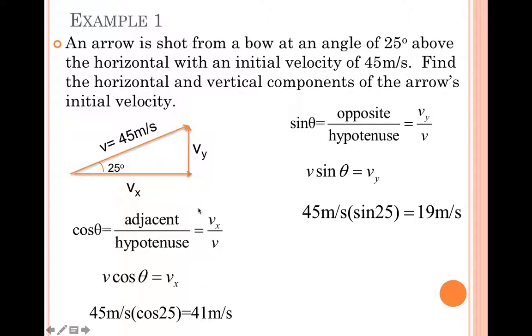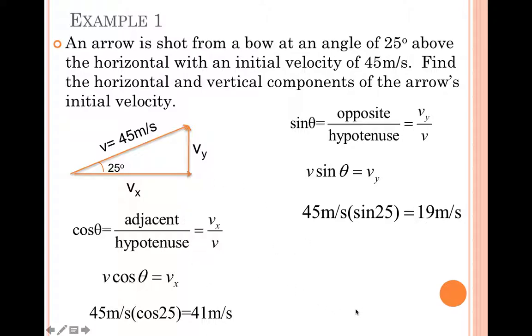And it's always a good idea to look at this and say, does that make sense? If it's drawn correctly, and this is indeed close to a 25 degree angle, then you can see that this leg of the triangle is longer than this leg of the triangle. So that means that the Vx value should be greater than the Vy value, and it is.